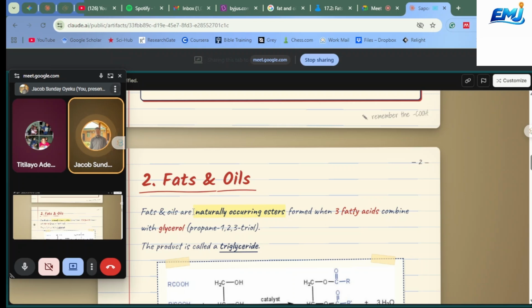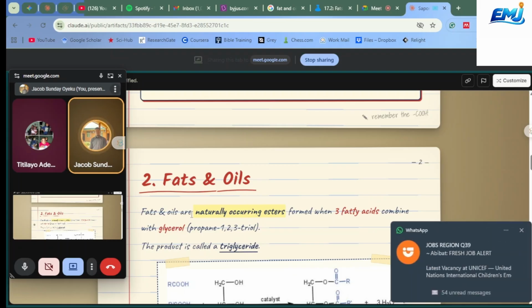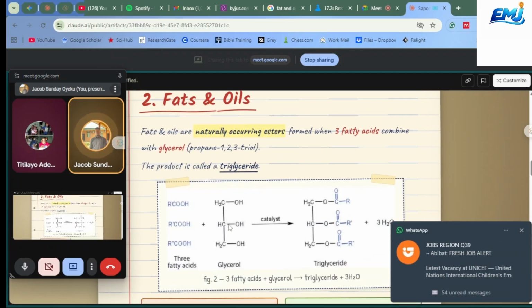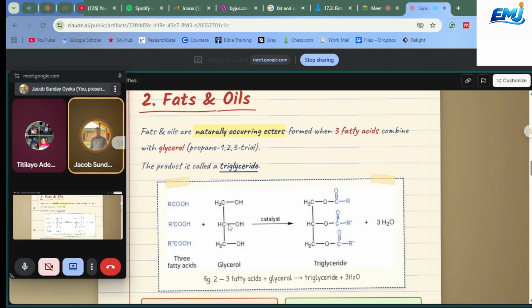That reaction is what leads to fat and oil. You will get it when you see the example. The product of this reaction is called triglyceride.